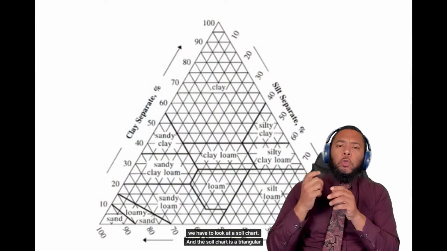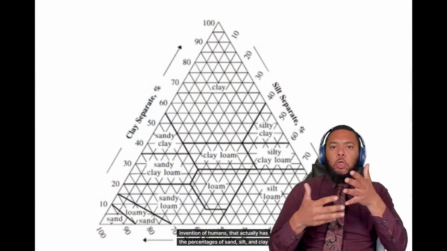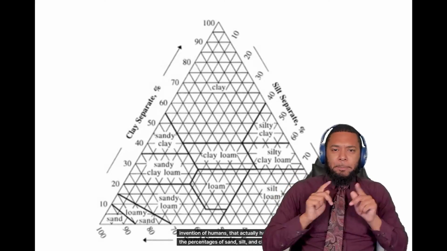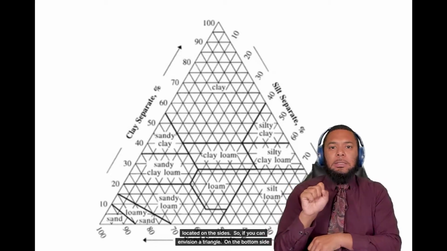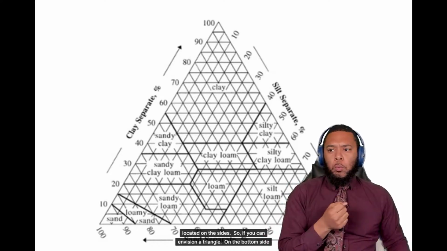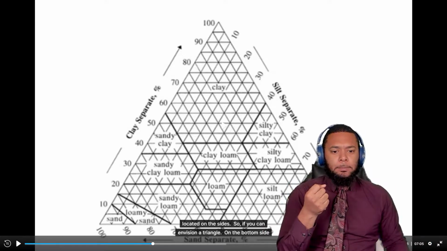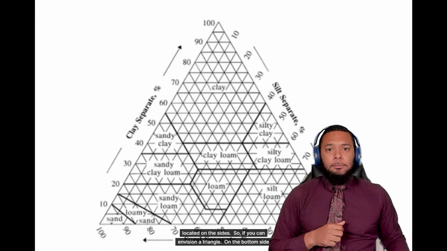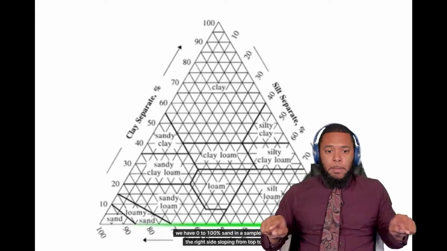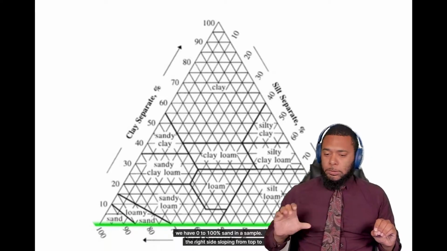In determining soil texture, we have to look at a soil chart. And the soil chart is a triangular invention of humans that actually has the percentages of sand, silt, and clay located on the sides. So if you can envision a triangle, on the bottom side, we have 0 to 100% sand in a sample.